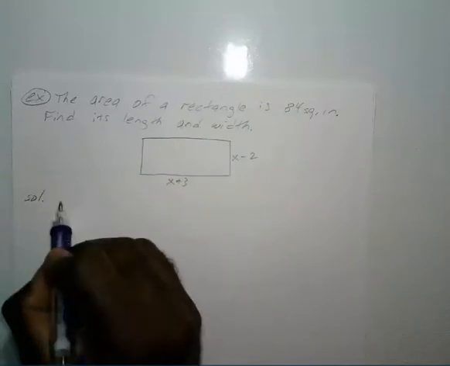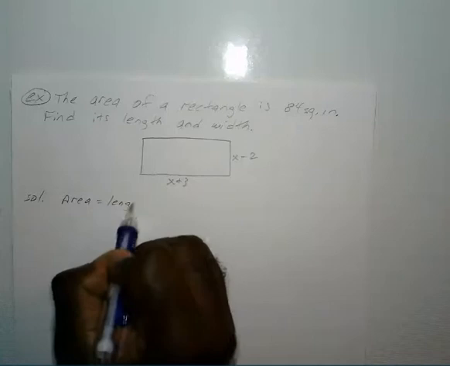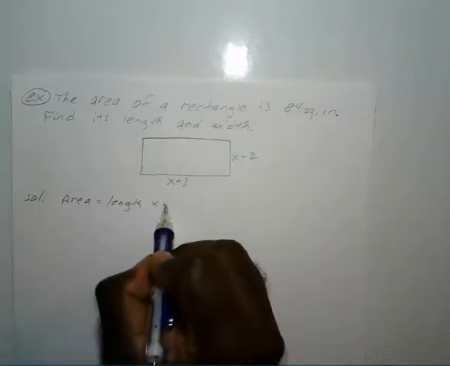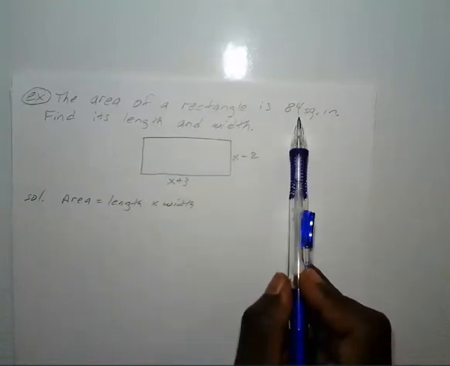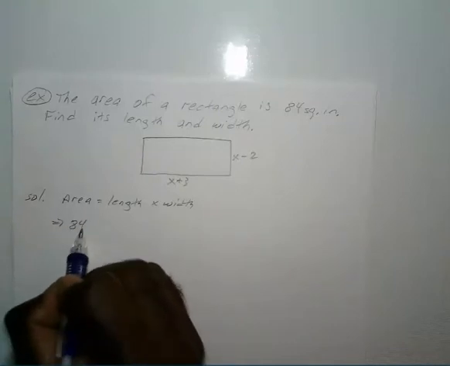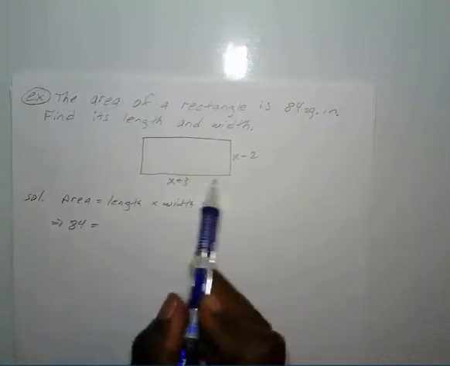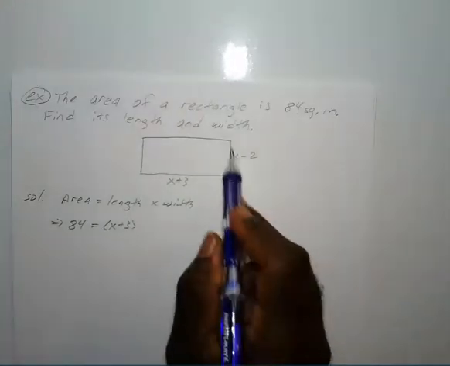We know that area equals the length times the width. They already told us the area is 84 square inches. So we have 84 equals the length, x plus 3, times the width, x minus 2.